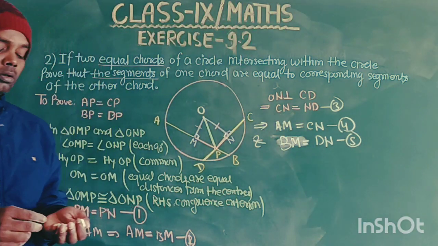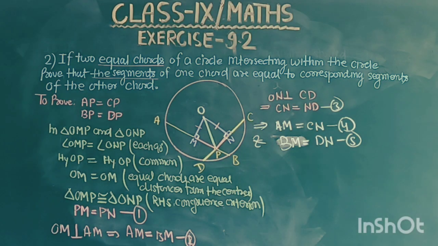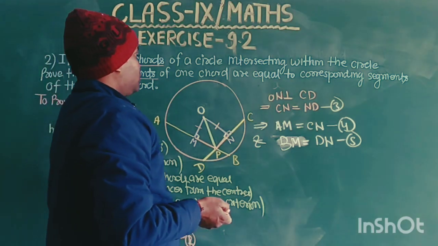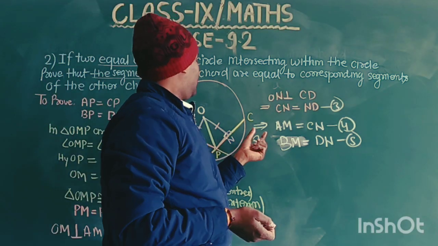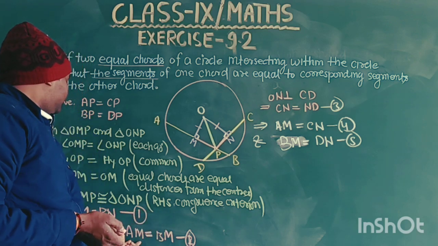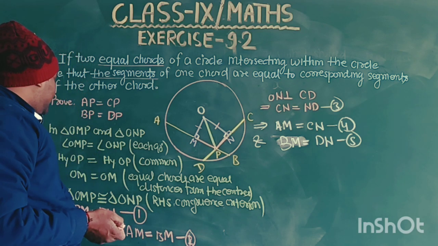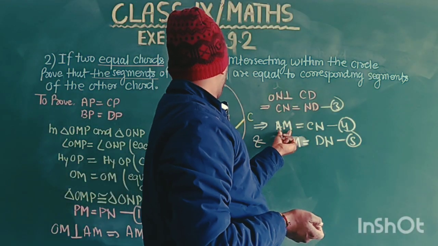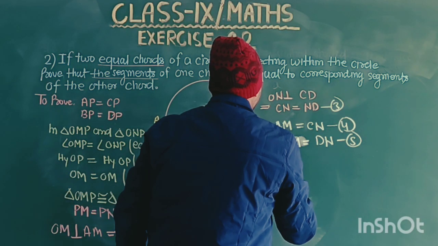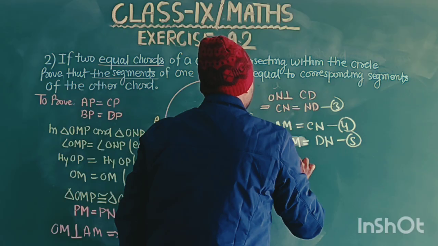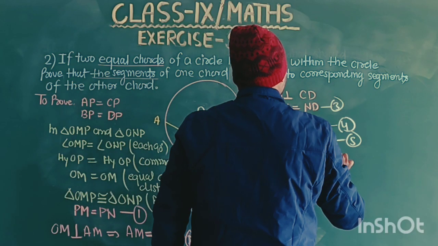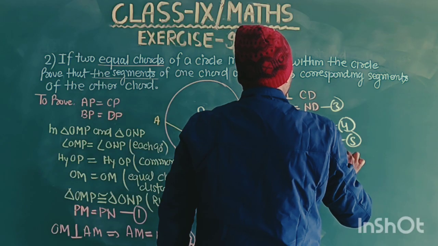So our target is to prove AP equal to CP and BP equal to DP. So we have to add equation 1, PM equal to PN, and equation number 4. So write, adding equation 1 and 4.